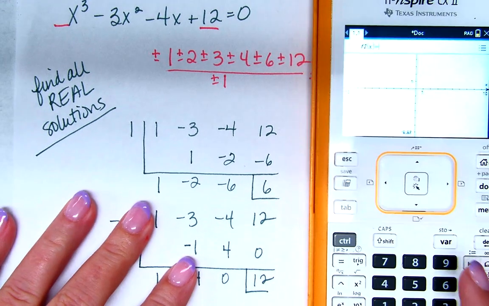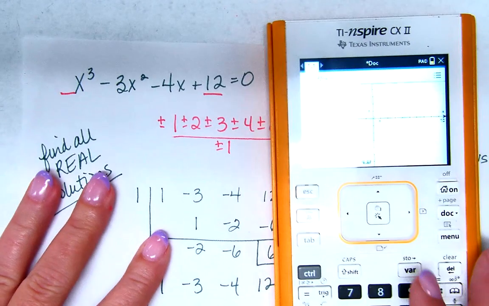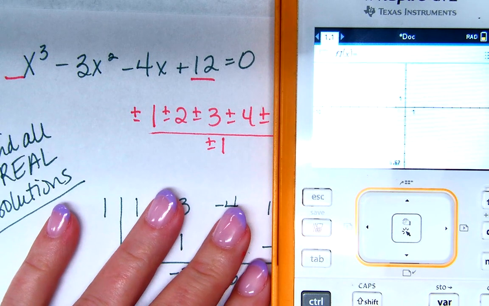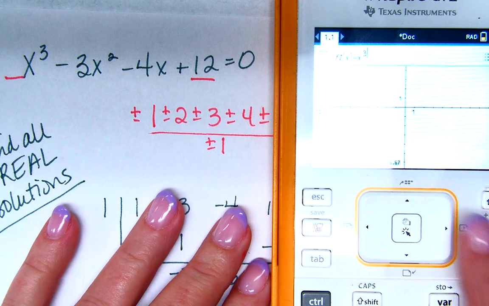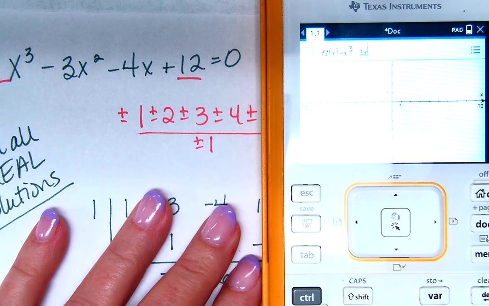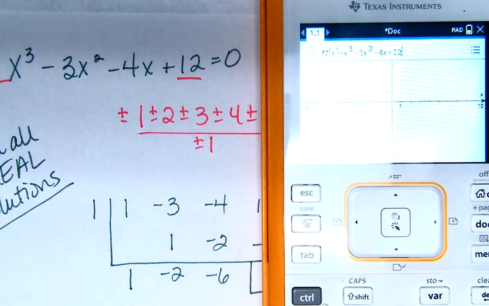So in my graph, I need to enter this equation. I've got to zoom in so you can see the graph a little bit better. x raised to the third minus 3x squared minus 4x plus 12.